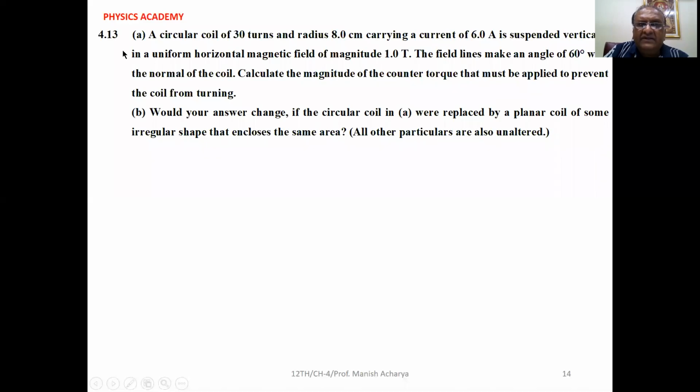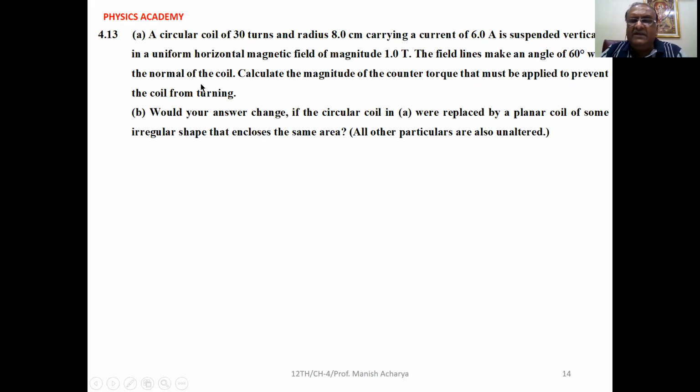Now 4.13. A circular coil of 30 turns and radius 8 centimeter carrying a current of 6 ampere is suspended vertically in a uniform horizontal magnetic field of magnitude 1 Tesla. The field lines make an angle of 60 degree with the normal to the coil.